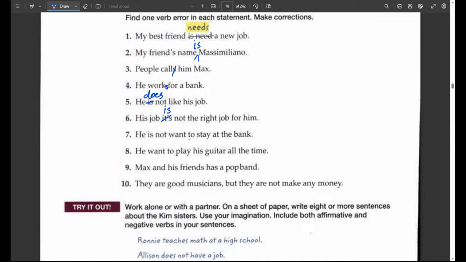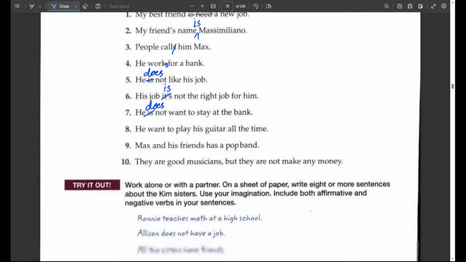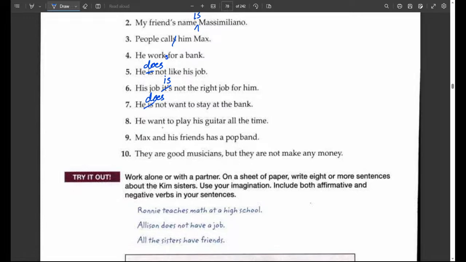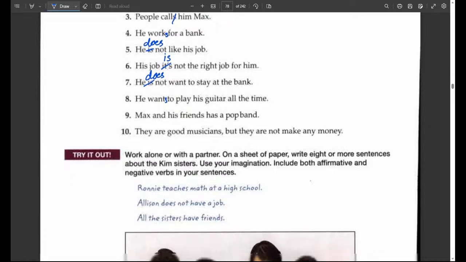He does not want to stay at the bank. He wants to play his guitar all the time.